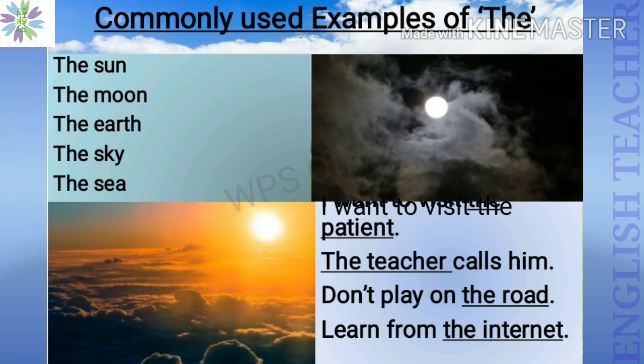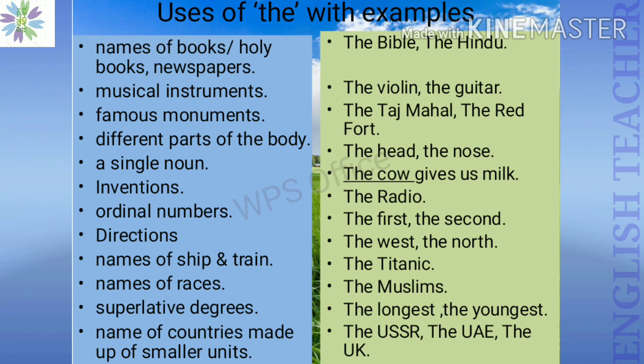Commonly used examples of the are the sun, the moon, the earth, the sky, the sea. The in sentences: I want to visit the patient, the teacher calls him, don't play on the road, learn from the internet. We already learned the uses of the.